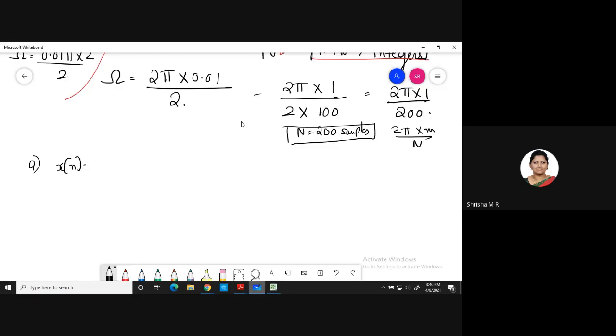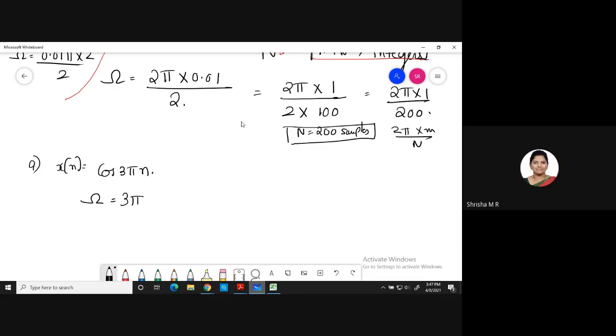x of n is equal to cos 3 pi n. Try solving this. So tell me, is it periodic or non-periodic? Try solving. What is omega? Omega is 3 pi.